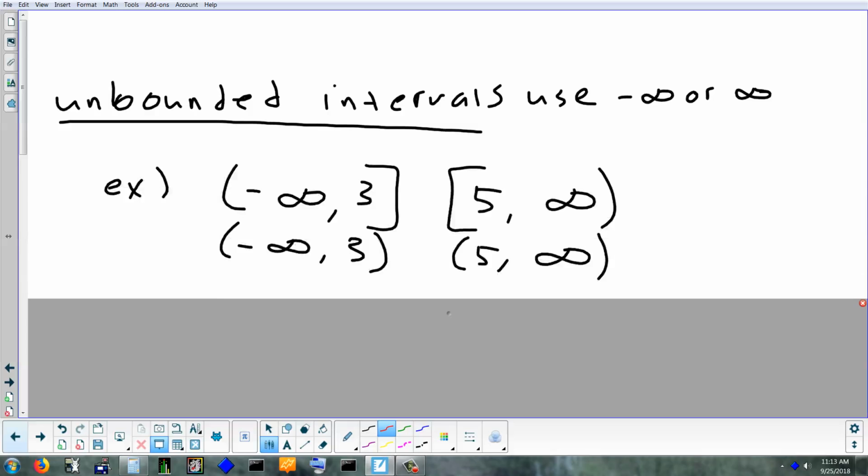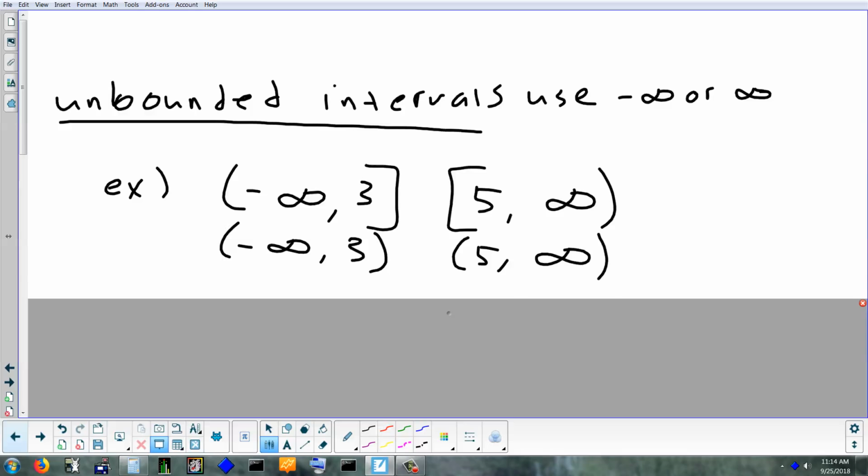If you've got negative infinity, you can either have closed on the right or open on the right. Or if you have positive infinity as one of your bounds, you can have closed on the left or open on the left. Now, why did we put a bracket on infinity? Every infinity symbol there always has a parenthesis.